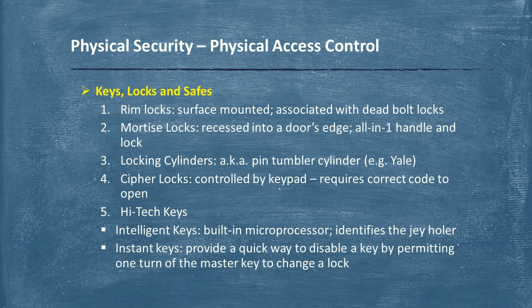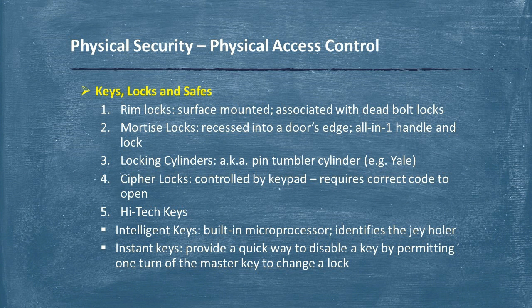In this slide, different types of locks are explained, like rim lock, which is surface mounted, whereas a mortise lock is all in one; the lock is there in the handle itself. Locking cylinders, also known as tumbler cylinders. The vendor is Yale, one vendor who provides such different types of locks.